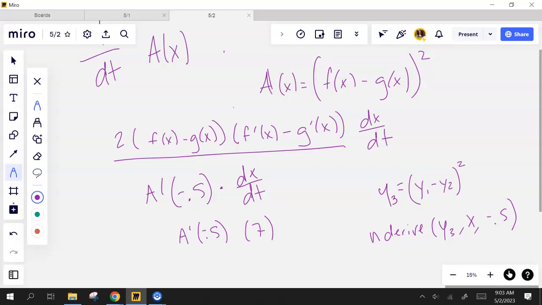Take the derivative and then multiply by 7. I got negative 1.325, and then I need to times it by 7.